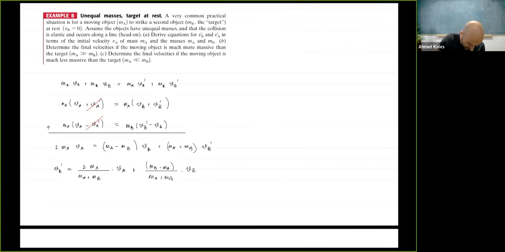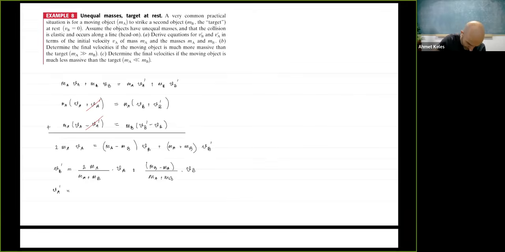I can do exactly the same thing for VA prime. The way I would do this is to change anywhere I see A to B, because I can change the indices of these equations.